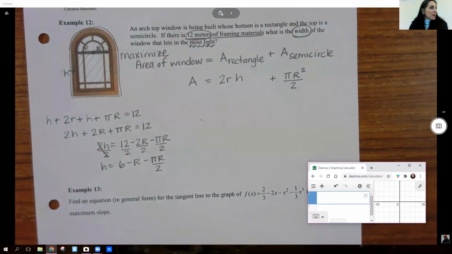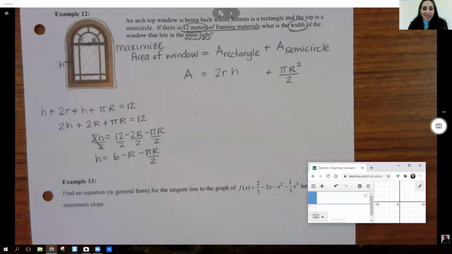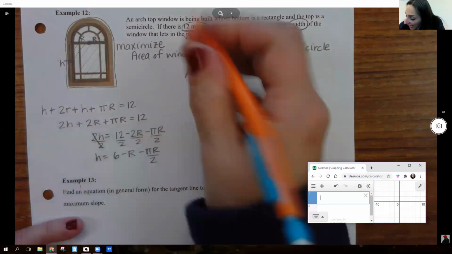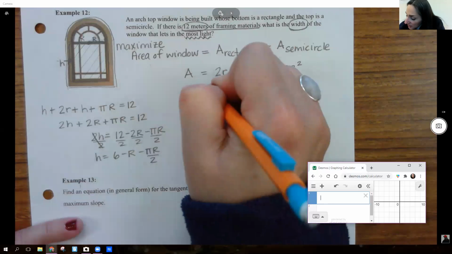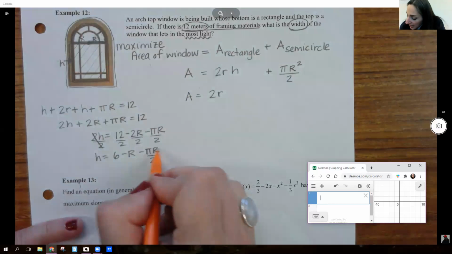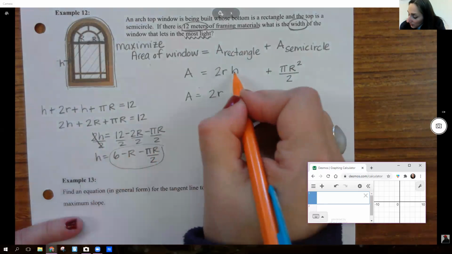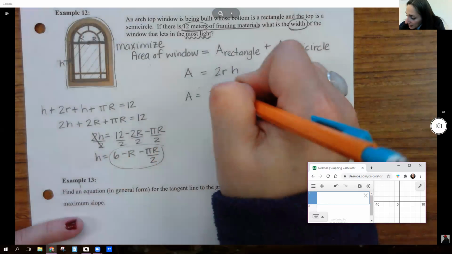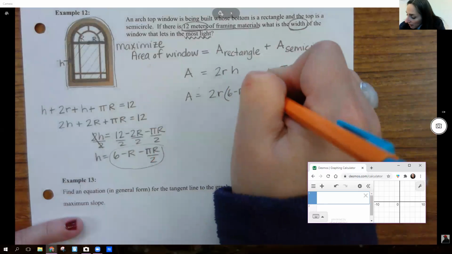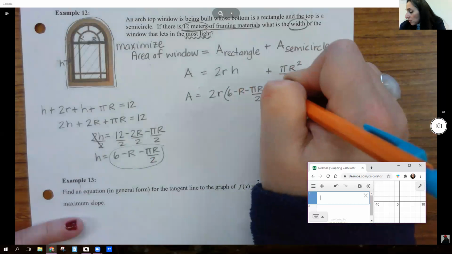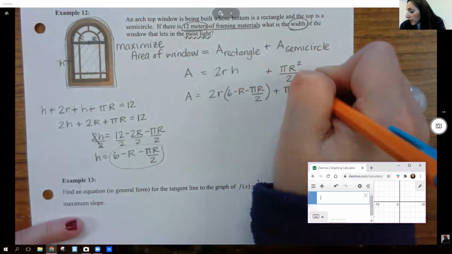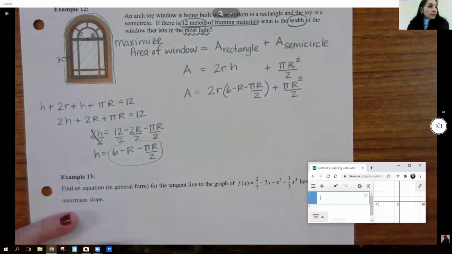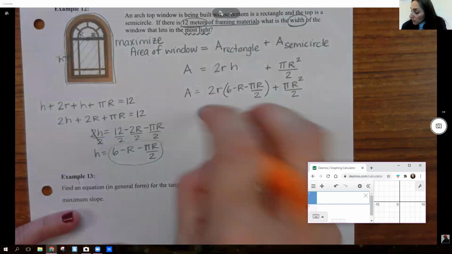I hope I don't regret my decision, but we'll go with it either way. All right, so A equals 2r times h plus pi r squared over 2. Now you're going to take all this, put it in here for this h. So this will be 6 minus r minus pi r over 2, plus pi r squared over 2. We have everything in terms of r.